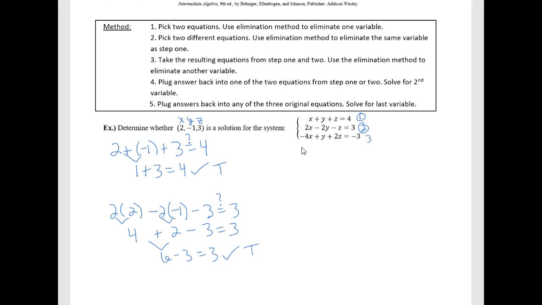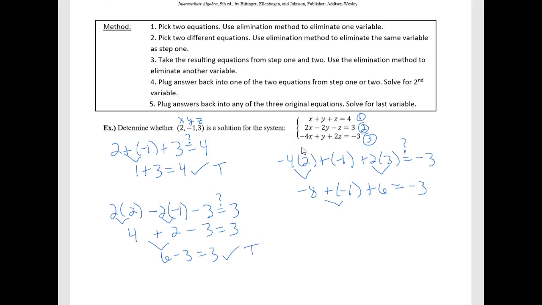And now the last equation here, I'm going to replace x with 2, y with -1, and z with 3. I want to know if that's going to equal -3. Again, this is a question. So -4 times 2 is -8. And 2 times 3 is 6.